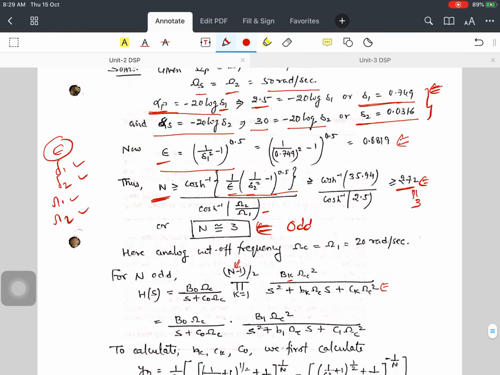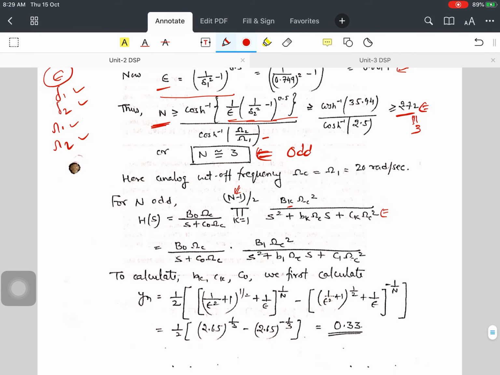Now we want to calculate the other parameters like b1, c1, b naught, c naught. For calculating the bk, ck, c naught, we first calculate the yn.